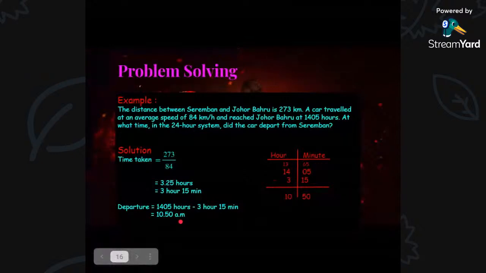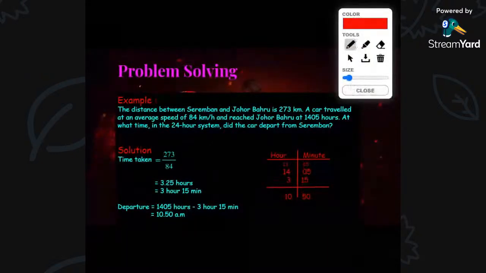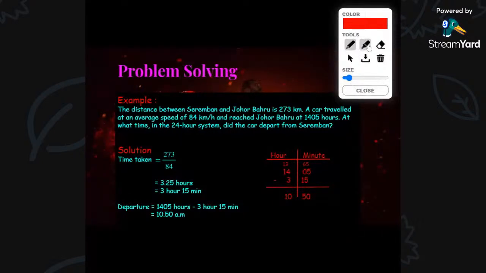Okay, bila dia kata 10:50 am, soalan dia cakap dia nak dalam bentuk 24 hour system. Okay, jadi apa yang kamu kena buat, ialah tukarkan dia, so dia akan jadi apa? 1050 hours.